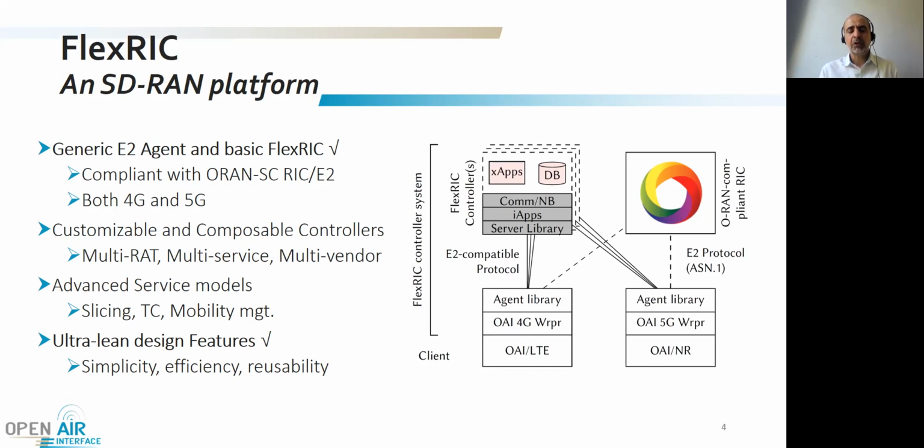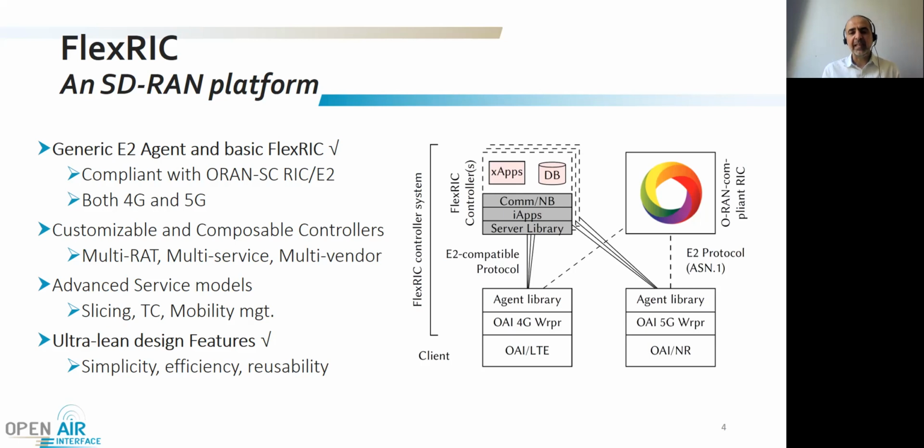FlexRIC is composed of three layers: server library, which implements the E2 termination plus some helper and utility functions; the iApps, the internal apps, which implement the service models; and then on the top, the communication or the Northbound API, which could be of different forms, ranging from the message bus to the REST and so forth.